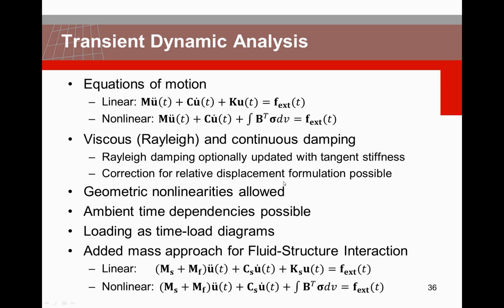If you want to compare it, for instance, with a package that is doing a relative displacement, then these damping contributions need to be corrected because there is the KU and the MU dot involved. For details about this, I refer to the DIANA documentation, and there is an example where this correction is explained in detail.